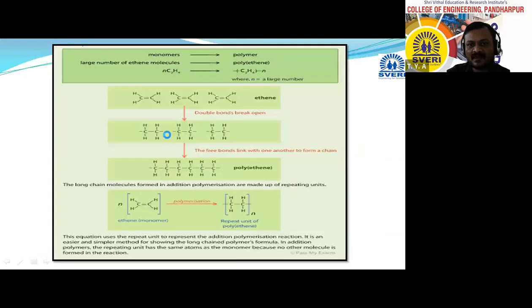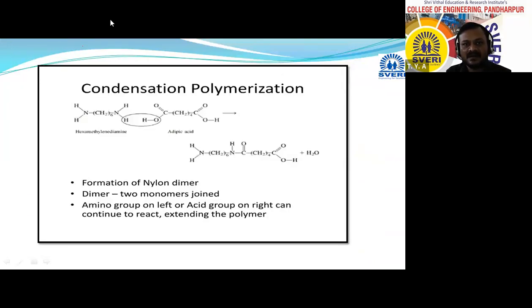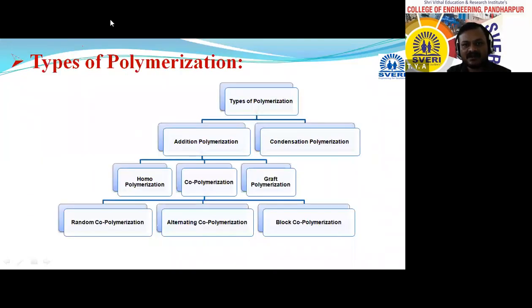So I will just summarize today's session. In today's session, we have discussed the classification of polymerization, how it is classified into two basic types: addition polymerization and condensation polymerization.